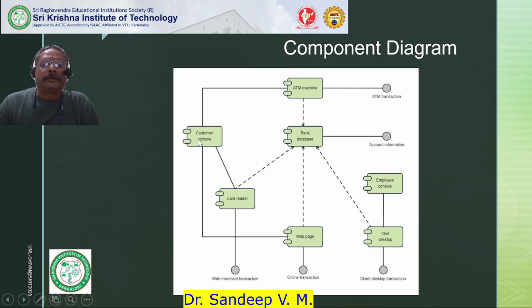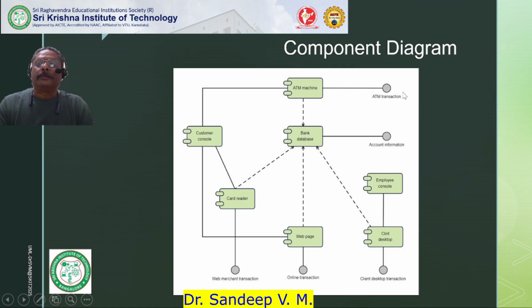So we have a customer console, so here the customer gets in, then we have a card reader, so whenever the customer puts in a card, then the card reader gets activated, and then it goes to the bank database, and the bank database is providing the information about the account, and then we have a web page for online transactions, then we have web merchant transactions through the card, and there is an employee console, there's a client desktop. So the client desktop transactions are shown here. So that's what we are talking about here, these are the providers of information.